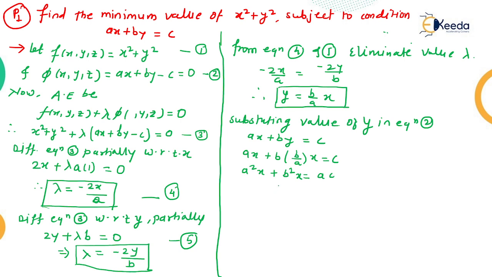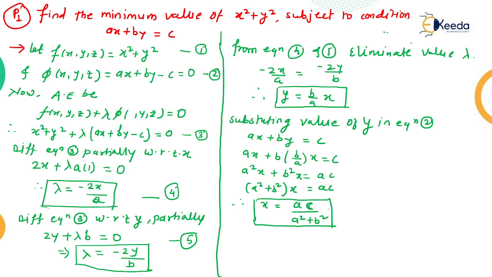X is common, therefore a square plus b square into x equals ac, and therefore x is equal to ac divided by a square plus b square. This is the value of x.